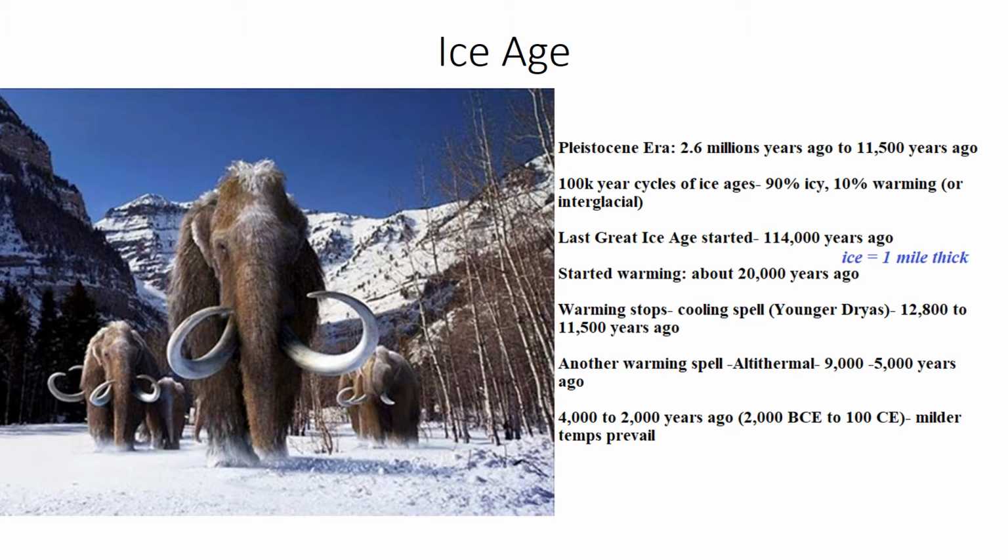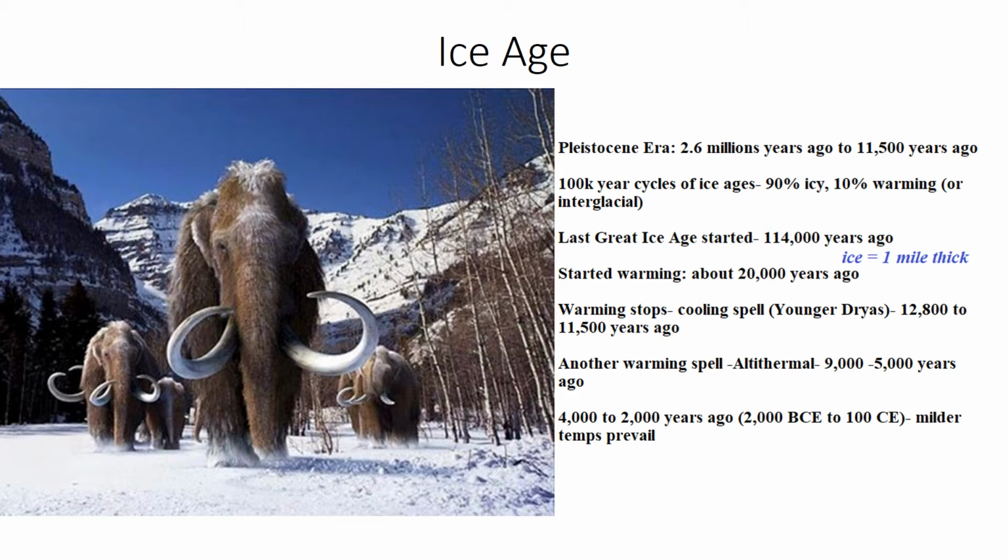During the Pleistocene era, toward the end of it, there was a great ice age. Actually, there were cyclical ice ages, and we'll talk about why that is in a minute. But roughly, they would go through these cycles where you would have an ice age for about roughly 100,000 years.